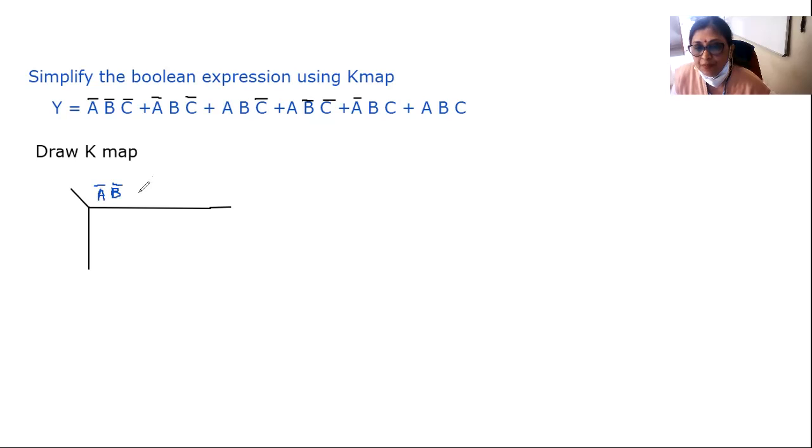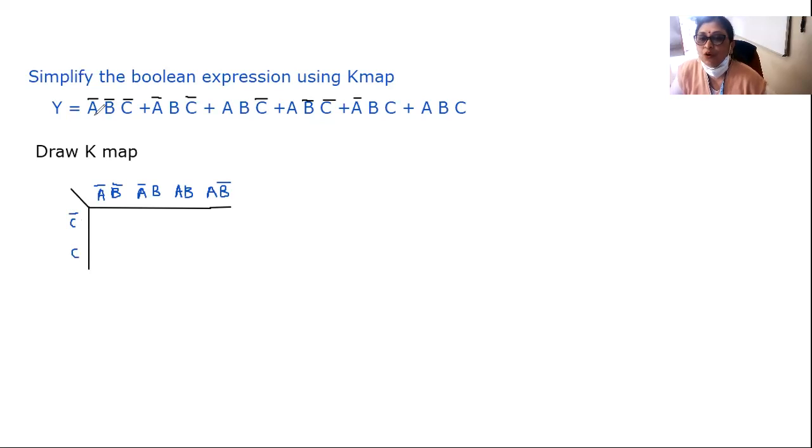The next term will be A bar, B. The next term will be AB. And the fourth term will be A, B bar. Okay. And here we have to write C bar and C.